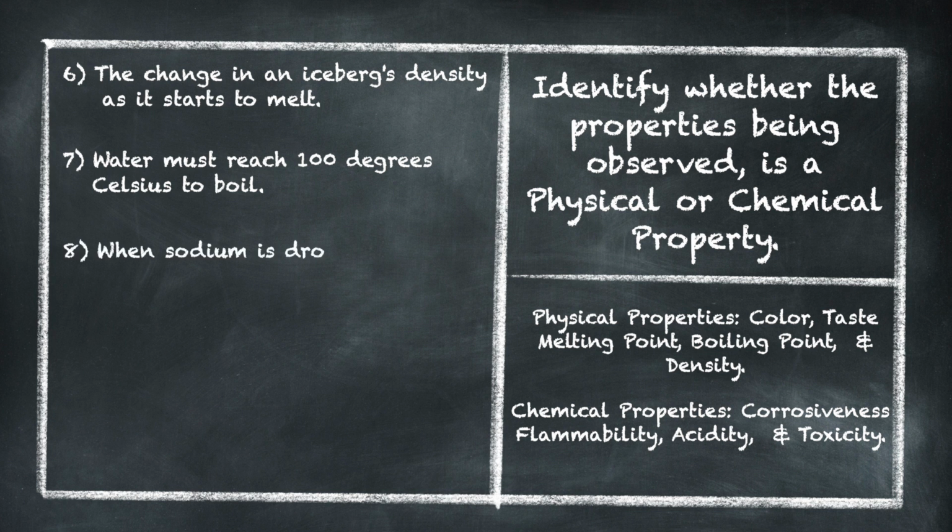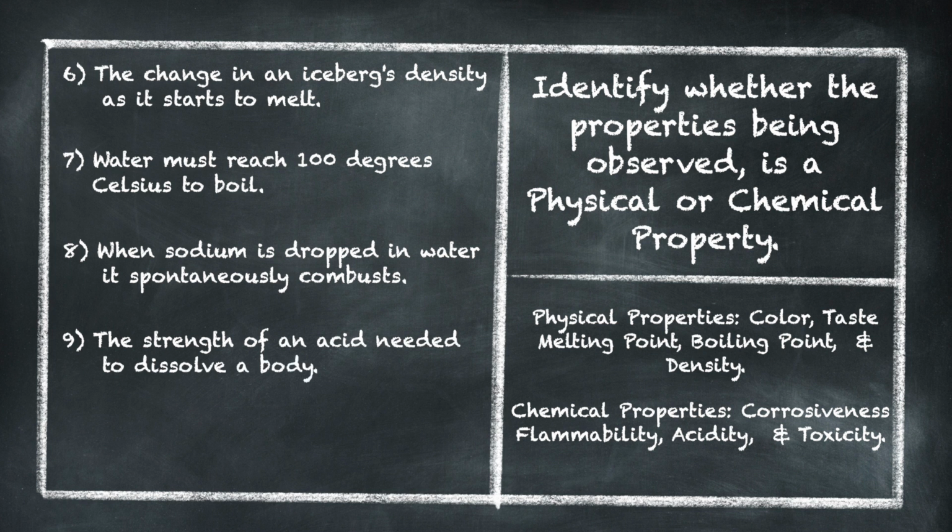Number 8, sodium is a very reactive element, and once it is dropped in water, it spontaneously combusts. Number 9, in the TV series Breaking Bad, Walt and Jesse used hydrochloric acid to dispose of a body. The strength of the acid needed to dissolve the body is what kind of property?